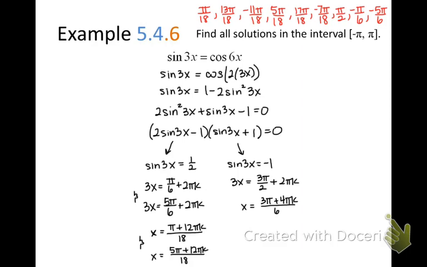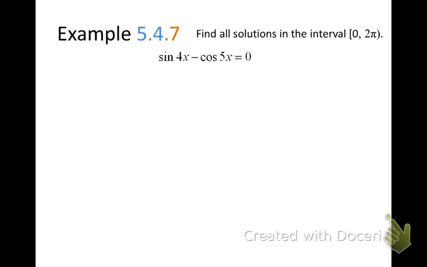All right, last problem. Find all solutions in the interval 0 to 2 pi. What do you notice? It looks kind of similar to what we just did, but why is this one worse?